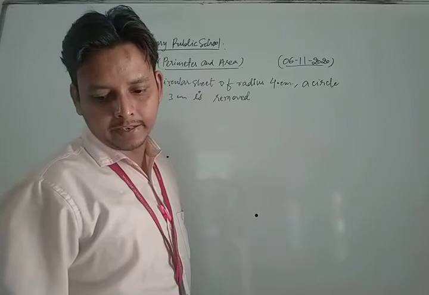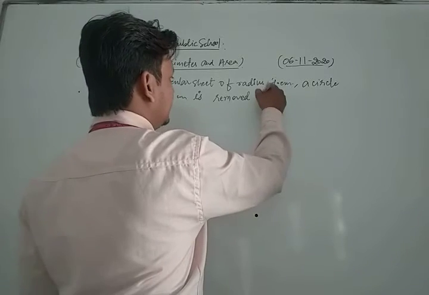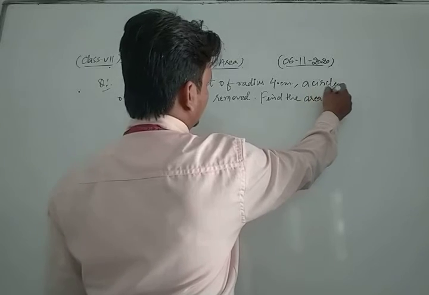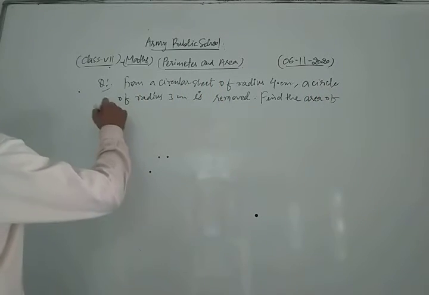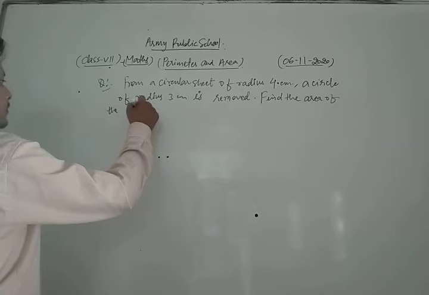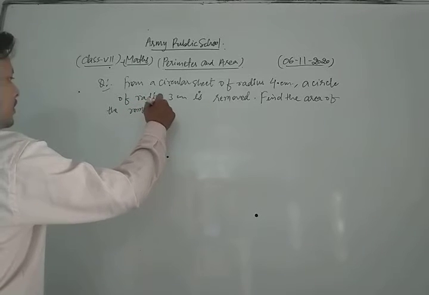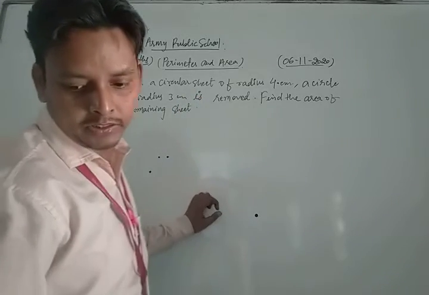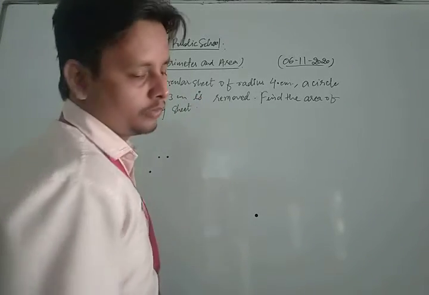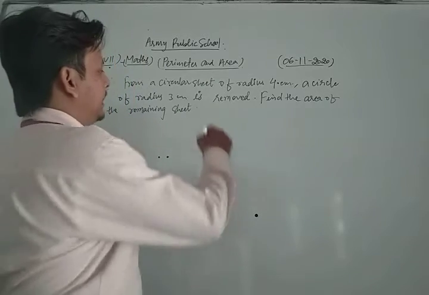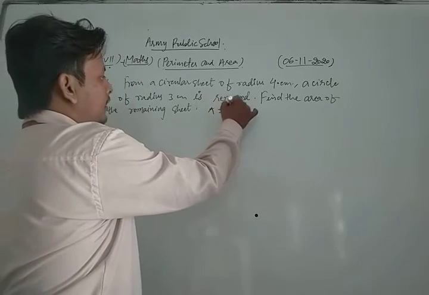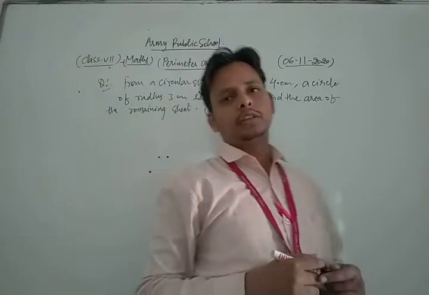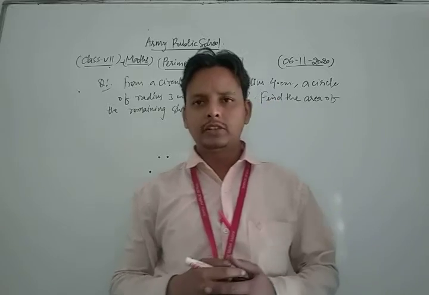Find the area of the remaining sheet. Take the value of pi as 3.14. Dear friends, this is one of the most important questions of your NCERT exercise.